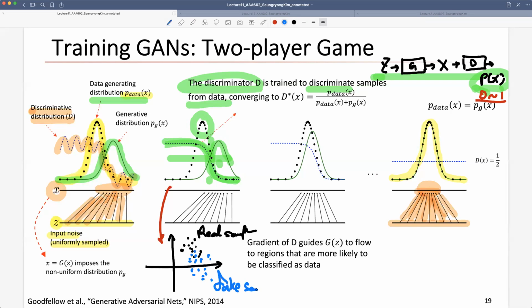Fake samples are here. Then our trained decision boundary, it's going to be the discriminator D theta D, right? Theta D, it's going to be a decision boundary that looks like this. So from the probability view, this decision boundary is defined like this.